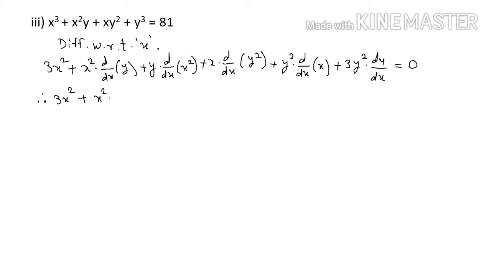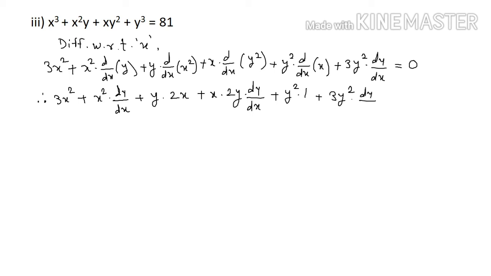So d/dx of y you will get as dy/dx plus y into derivative of x², that is 2x, plus x into derivative of y² will be 2y into dy/dx, plus y² into derivative of x, that is 1, plus 3y² into dy/dx is equal to 0.